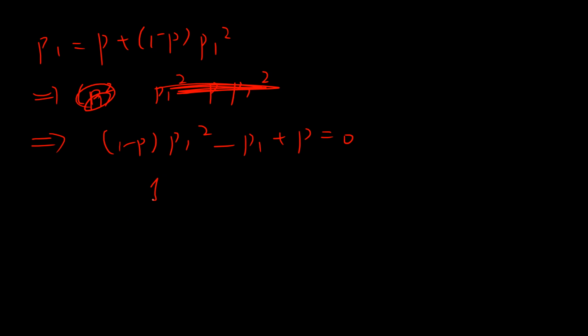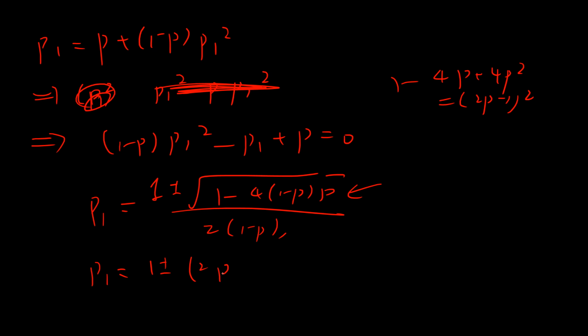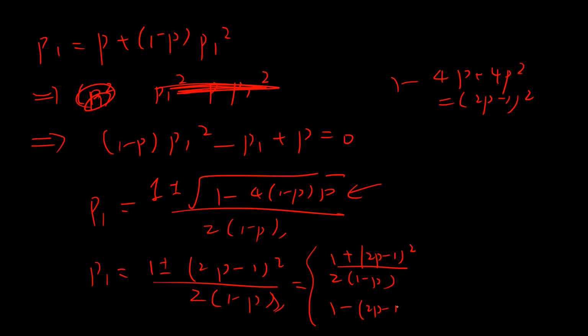So we have 1 plus or minus the square root of 1 minus 4(1 minus p), divided by 2a. Looking at this, it is 1 minus 4p plus 4p squared, so it's (2p minus 1) squared. So p1 is 1 plus or minus (2p minus 1), divided by 2(1 minus p).